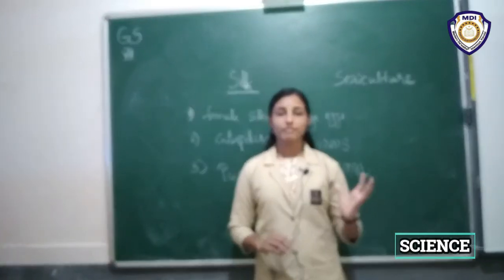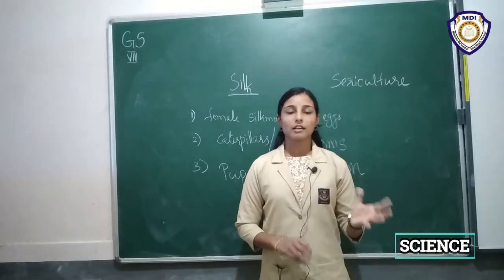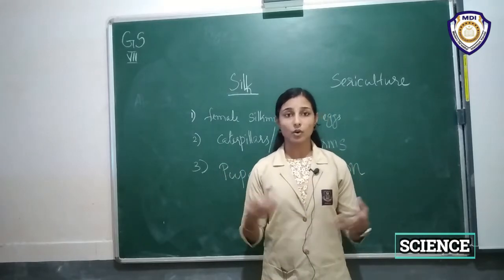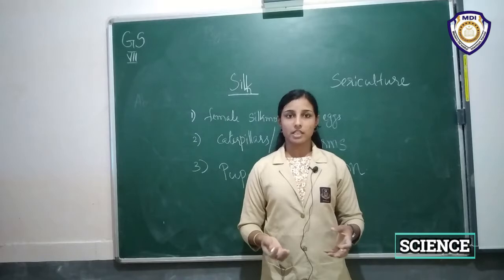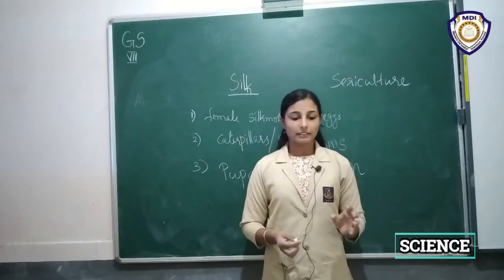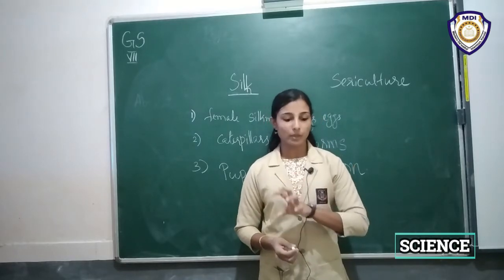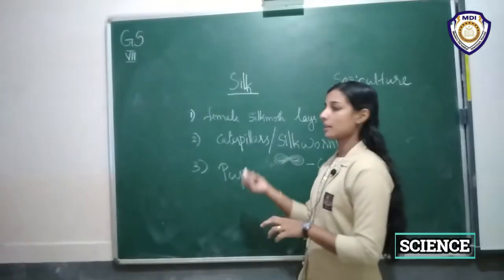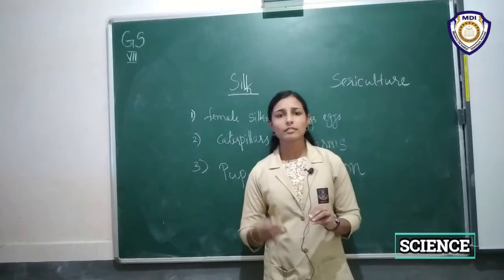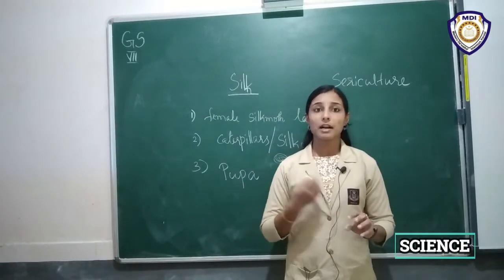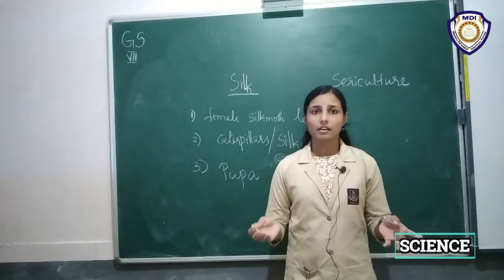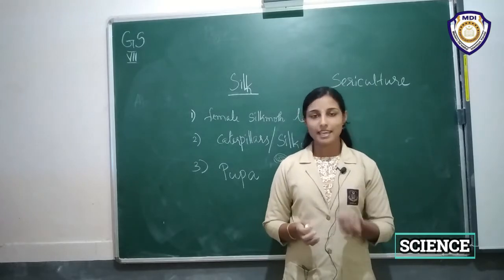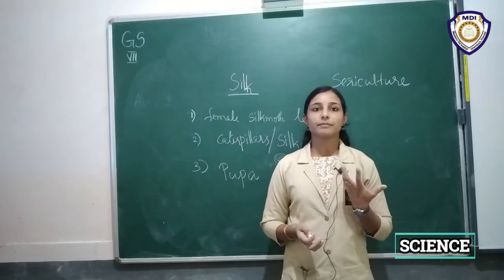So the silkworm farmers provide hygienic conditions and suitable temperature and humidity, and the eggs are warmed to a suitable temperature. Then the caterpillars are formed, and these caterpillars eat mulberry leaves day and night. They have only that thing to do.